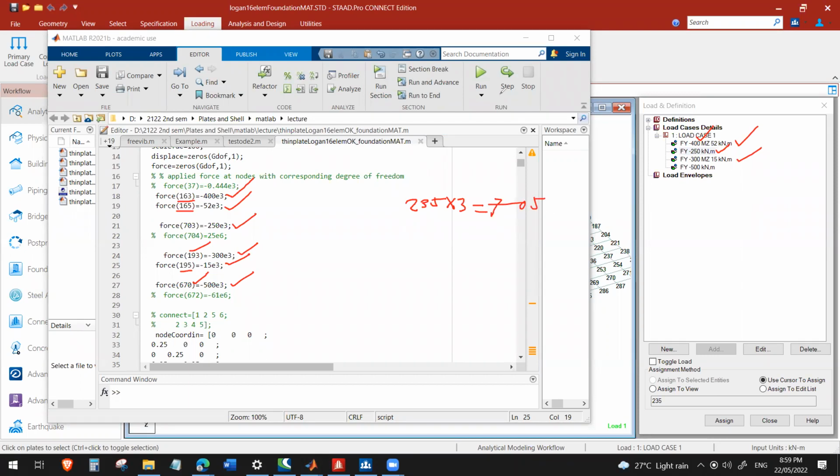So the vertical DOF there is 703, while the rotational DOFs are 704 and 705. That means at node 235, the vertical DOF is 703. That's why it's applied at 703.